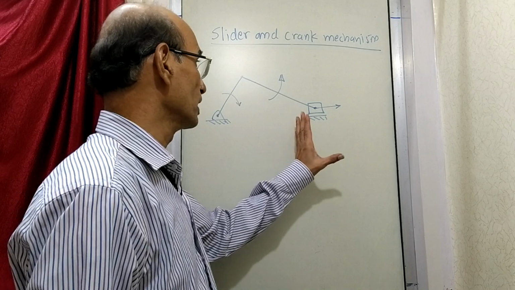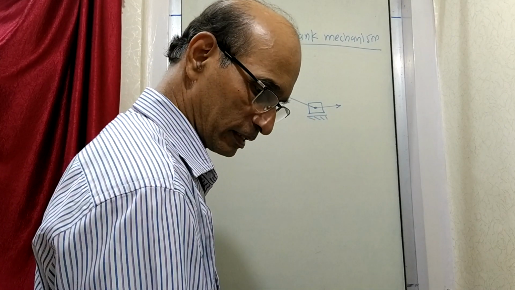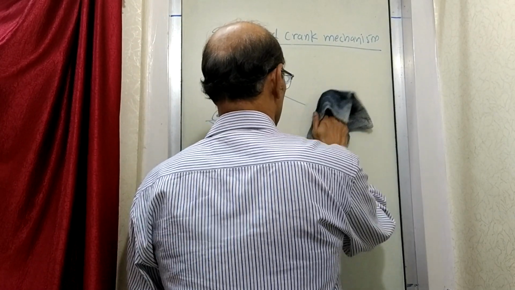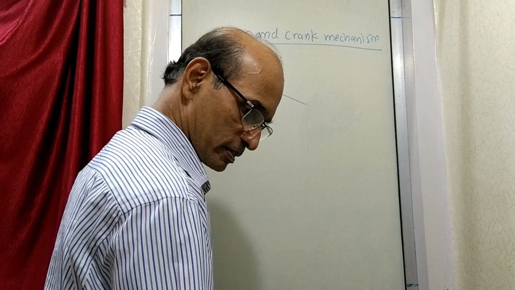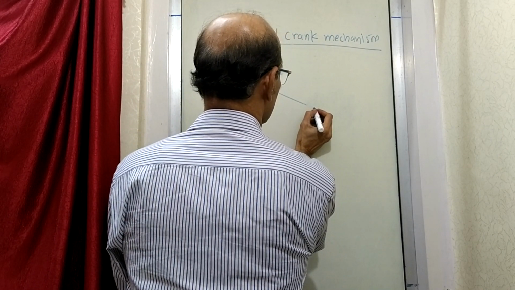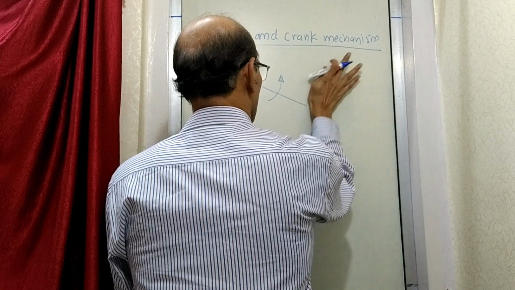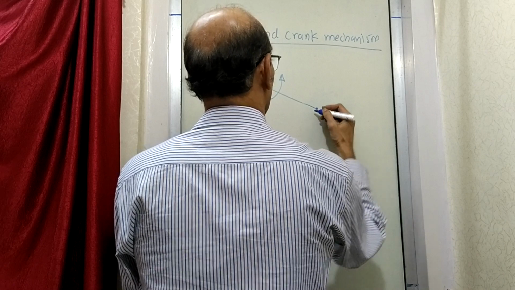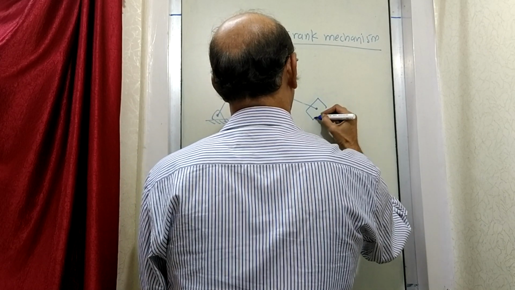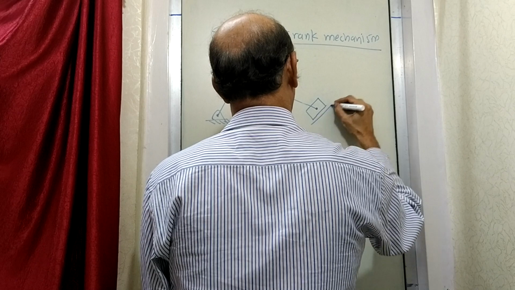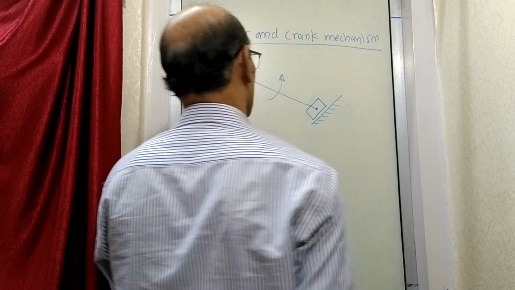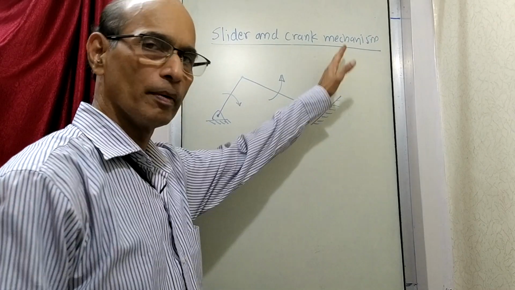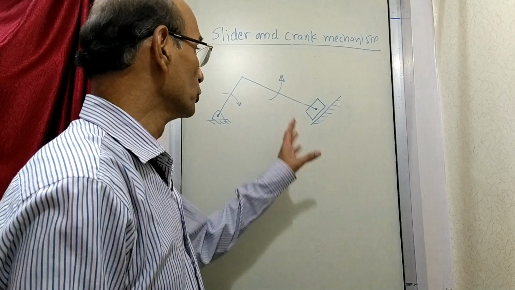Now suppose in this same example there is some variation like this, and I am just making a change here, such that this point C is still the same, but the path of the slider is like this, so it will go maybe there. Now how do you solve this?